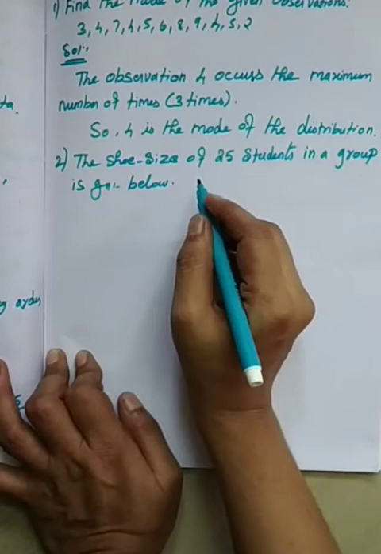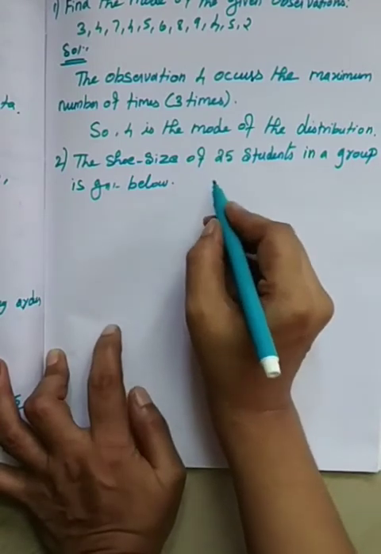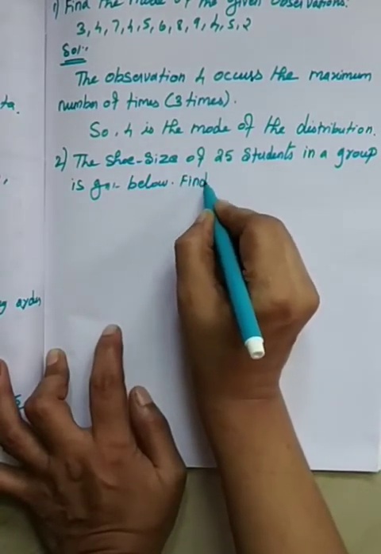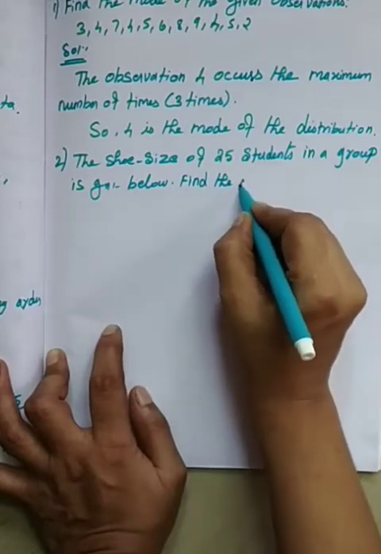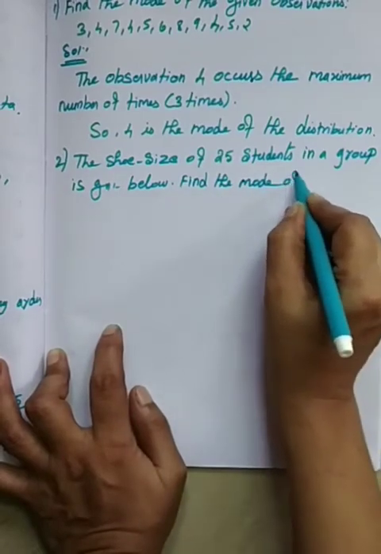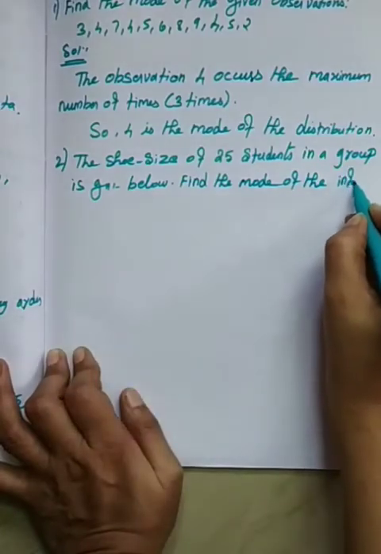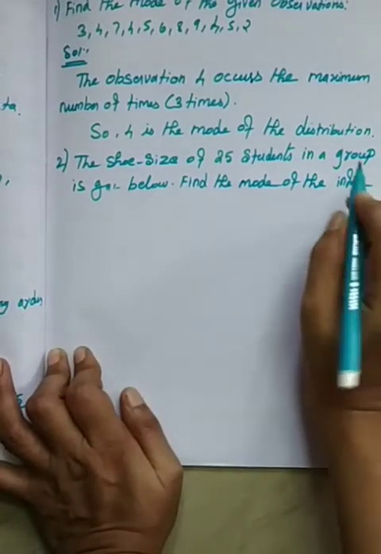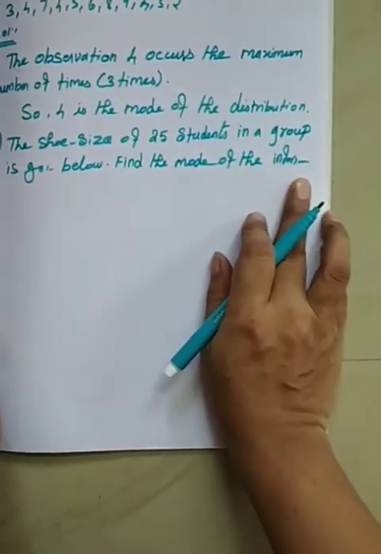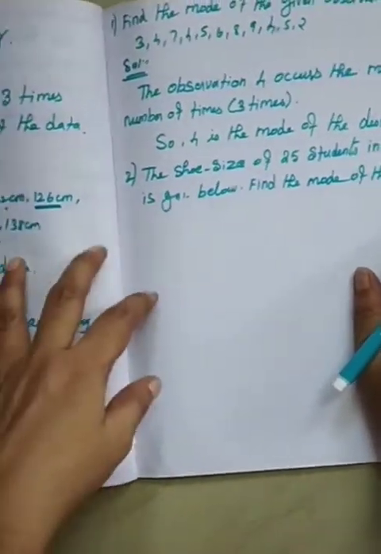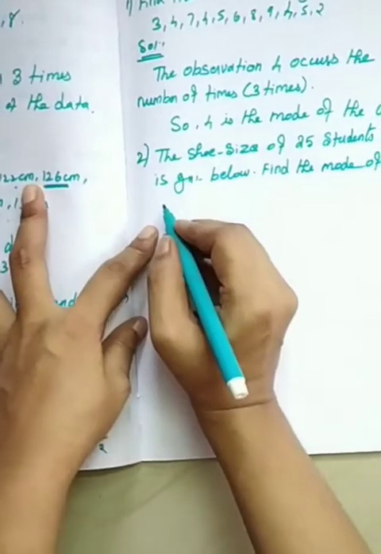Find the mode of the information. Okay, this is the information. Then write the numbers.